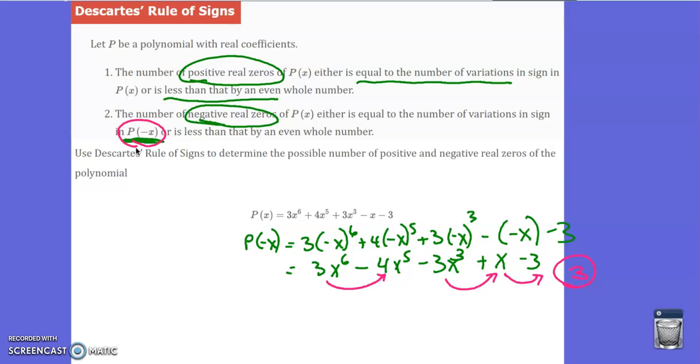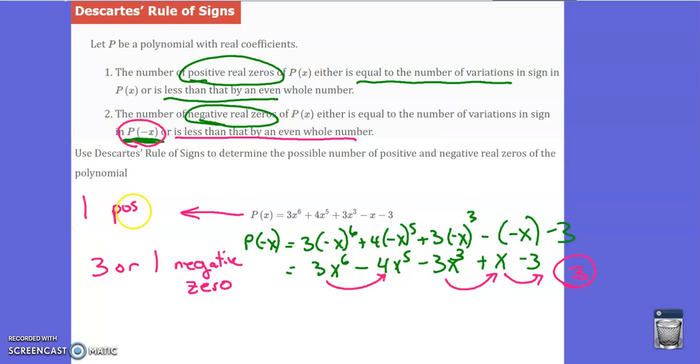According to the rule of signs, this will have 3 or 1. Notice the rule says or is less than that by an even whole number. So this will have 3 or 1 negative zeros. And when we did this originally, it had 1 positive zero.